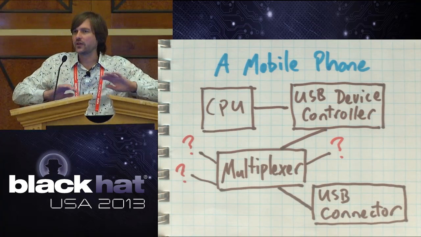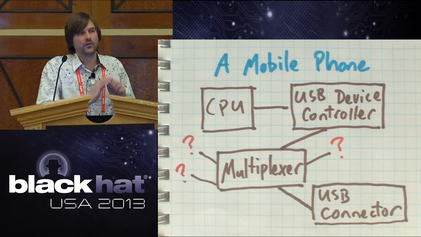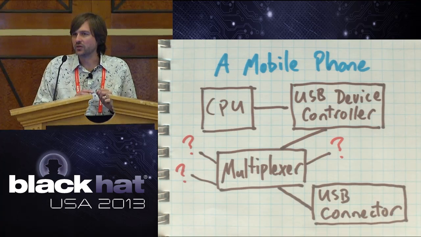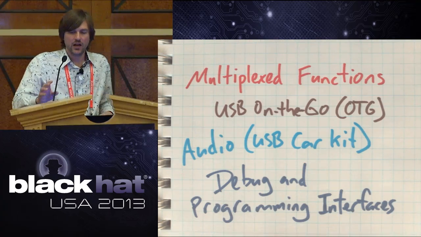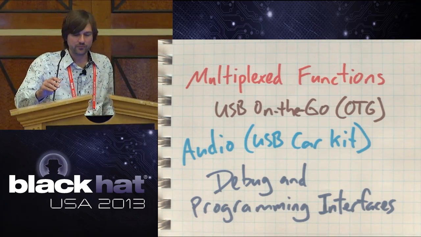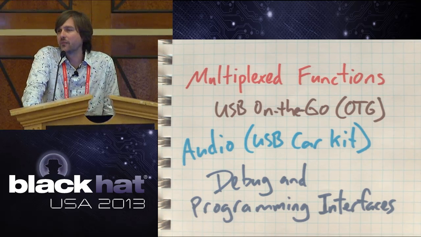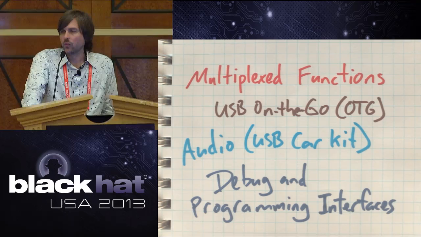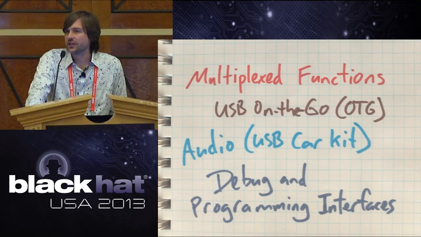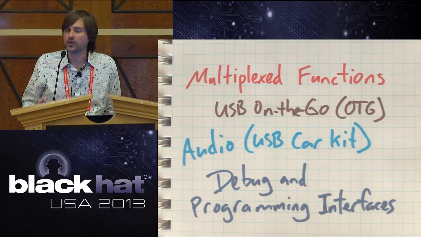But we've discovered that there is a much greater attack surface. USB is just one of the functions that you can reach from that USB port. And we're finding other things. In particular, the multiplex functions that are handled by that multiplexer IC that are commonly seen. One is USB on the go, which is a way for it to automatically switch between host mode and device mode.